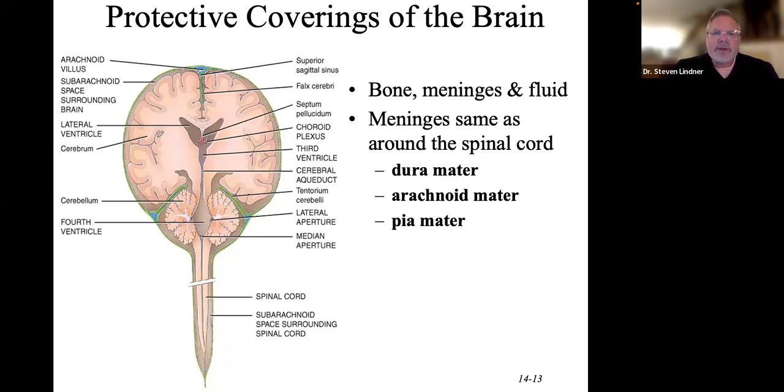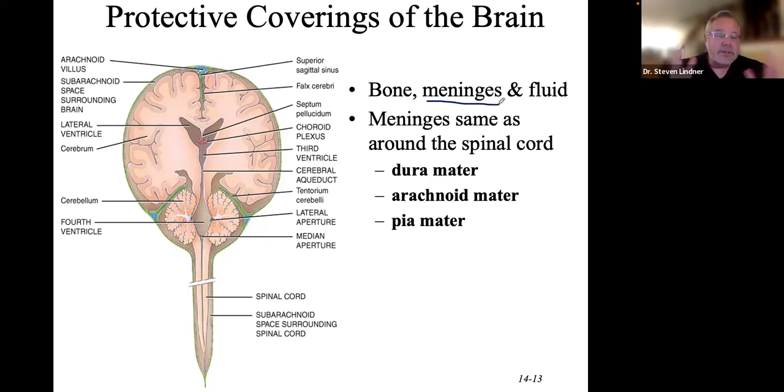So when we look at this cross section, what we can see is that there's some soft tissue layers here that are going to protect the brain. The soft tissue layers are what we refer to as the meninges. That's soft tissue.